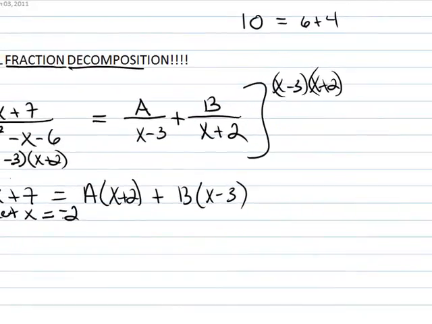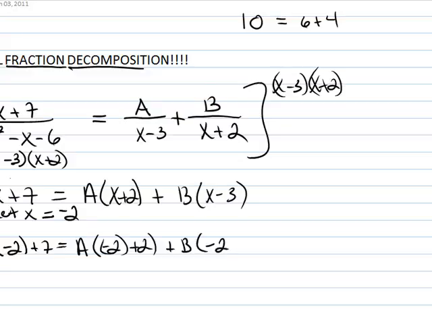If x were to equal negative 2, then this is what would happen. We'd have negative 2 plus 7, equals a times negative 2 plus 2, plus b times negative 2 minus 3. Maybe some of you see where this is going.